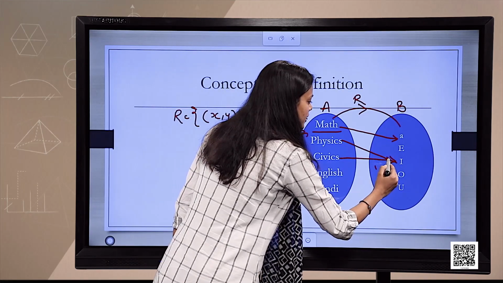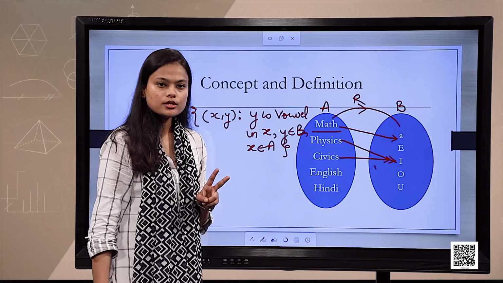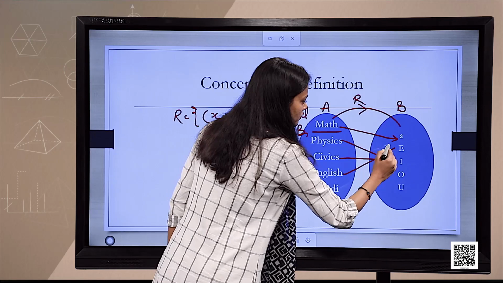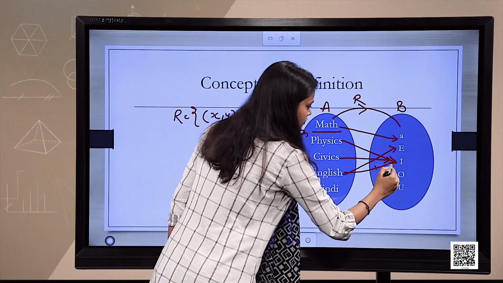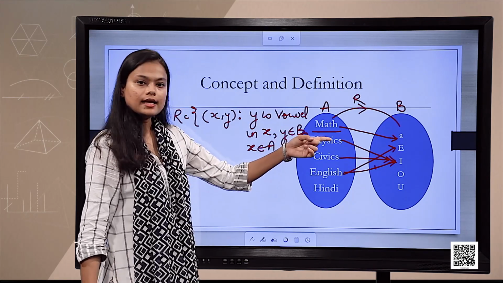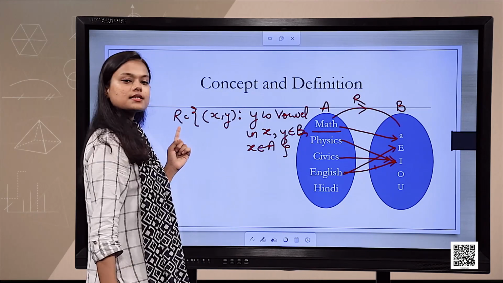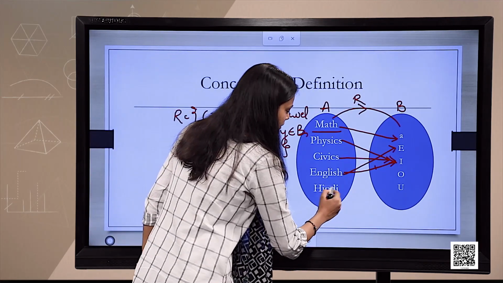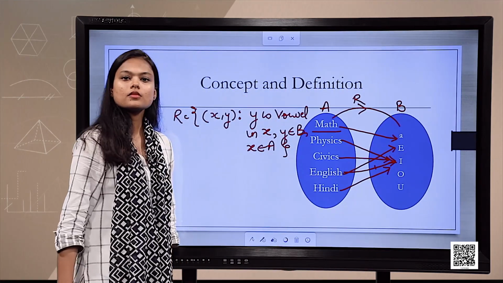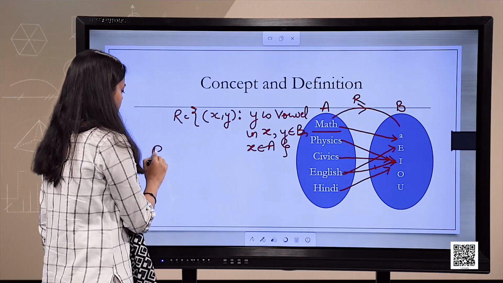So, one ordered pair, that will be with I. English consists of 2 vowels, E and I. So, ordered pairs English-E and English-I will be there in the set R, and Hindi again is related to I. Okay.